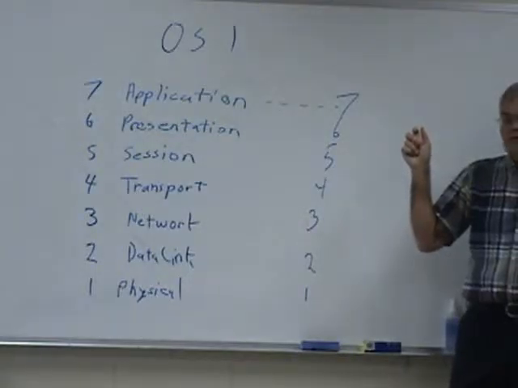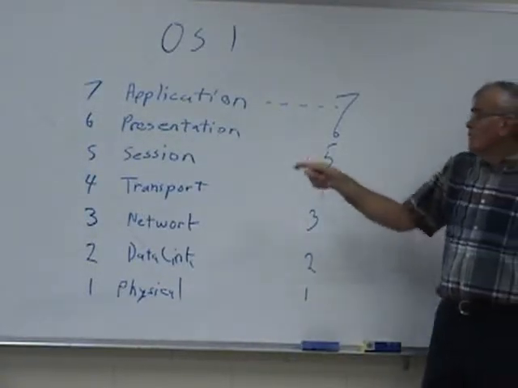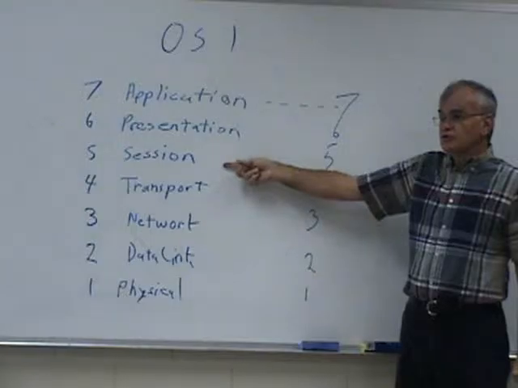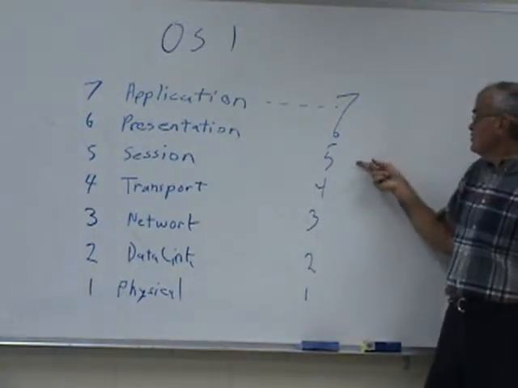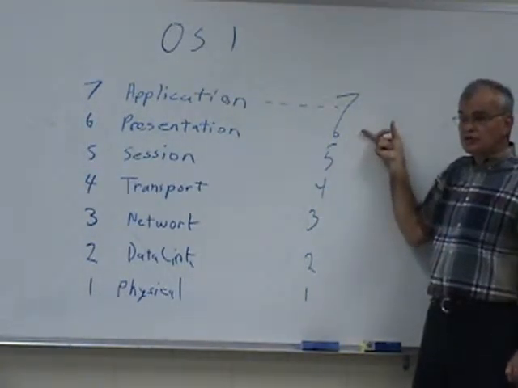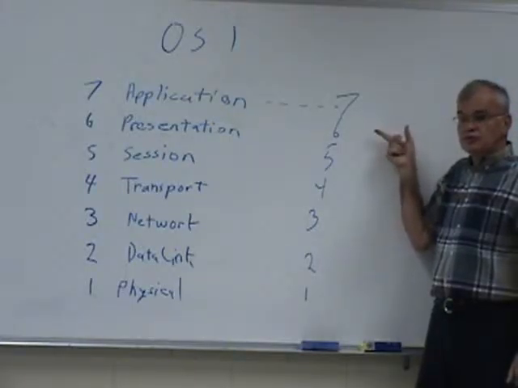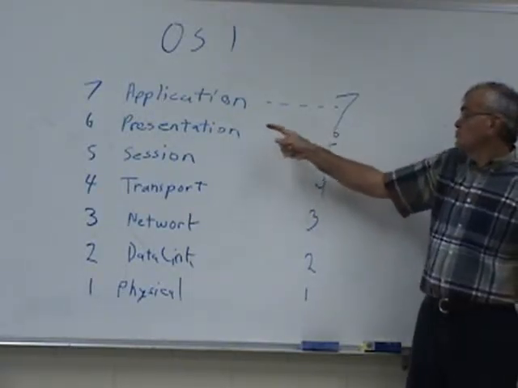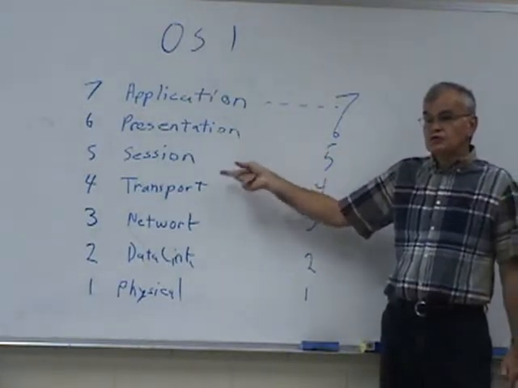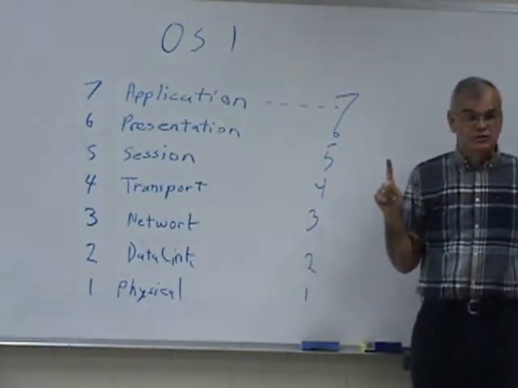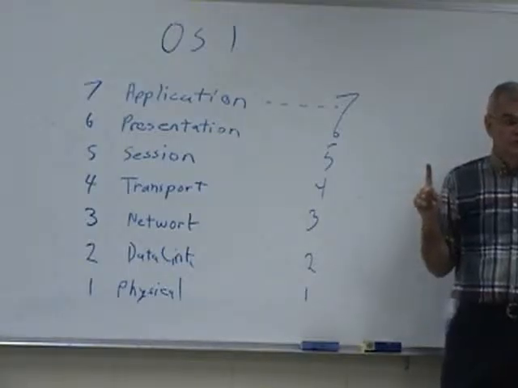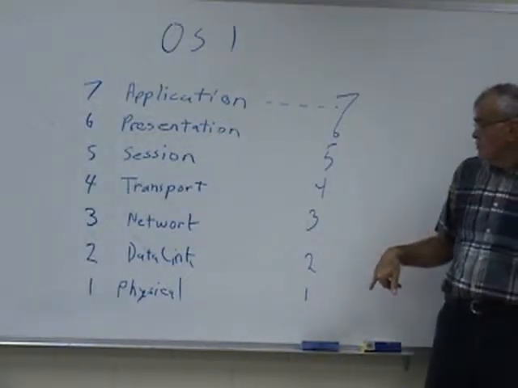Now follow on that. So that when presentation passes it to session, when it gets back to here and session passes it to presentation on this end, what gets passed by session to presentation should look identical to the information that's passed from presentation to session. So it's going to go from application to physical, and then from physical to application.